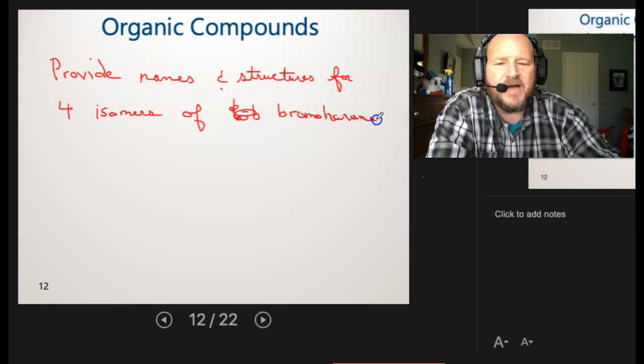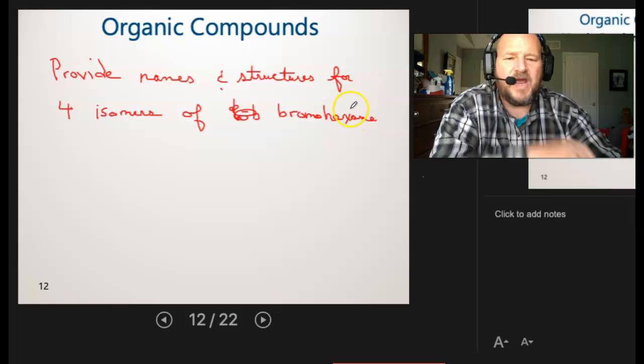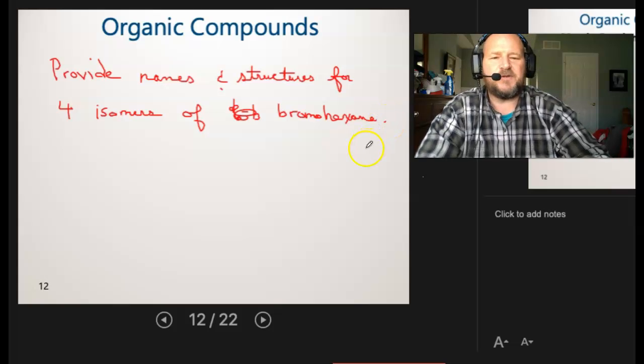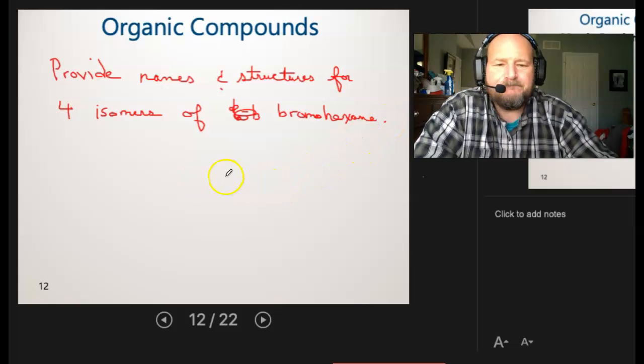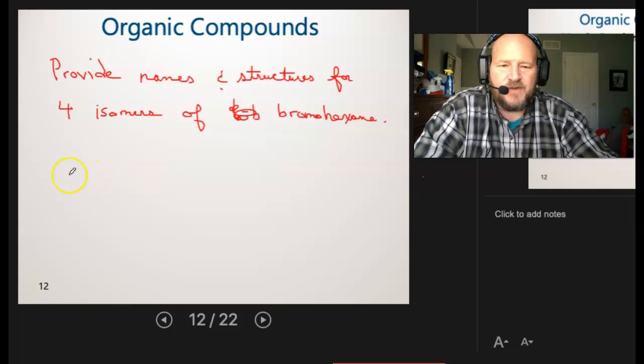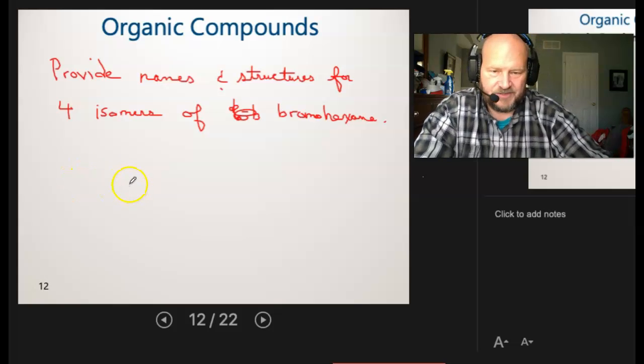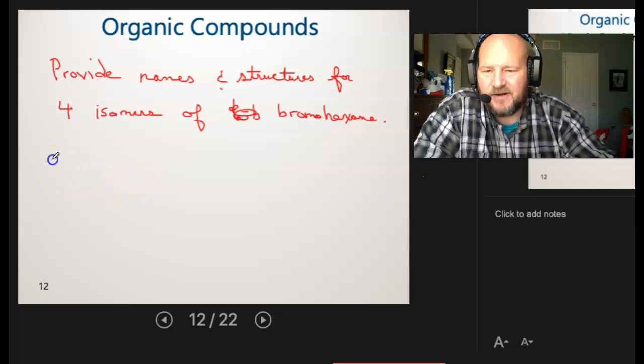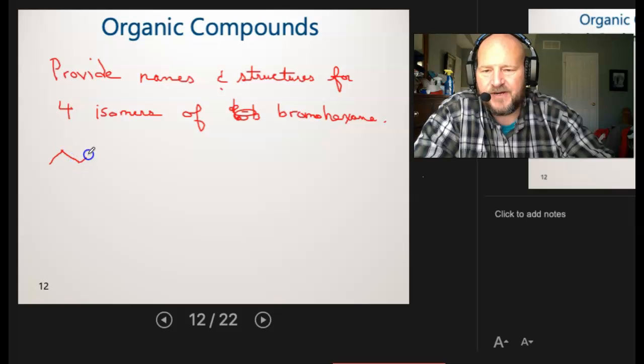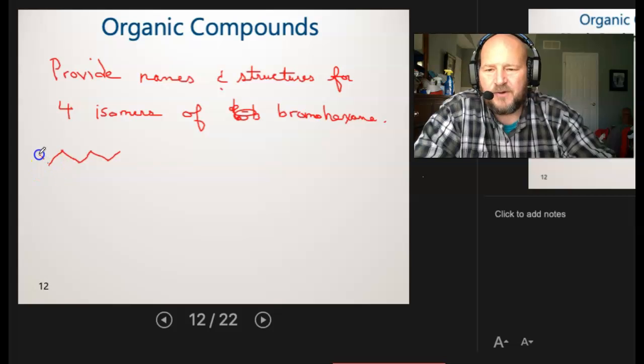Now, for bromohexane, you should be able to come up with way more than 4 isomers, okay? In fact, without even moving a carbon, you could almost come up with 4, right? Because if we started out with 1, 2, 3, 4, 5, 6, I could put the bromine here. This would be 1-bromohexane.